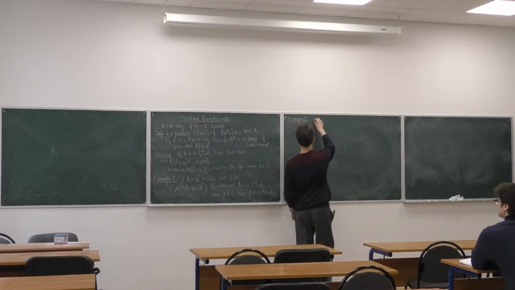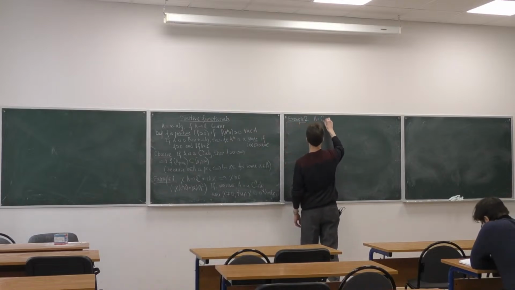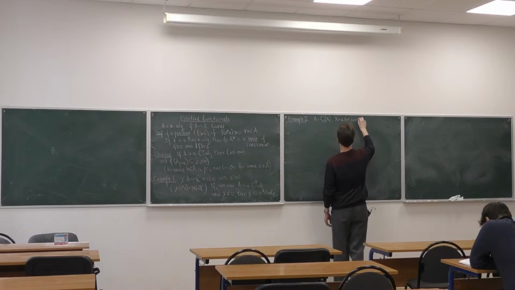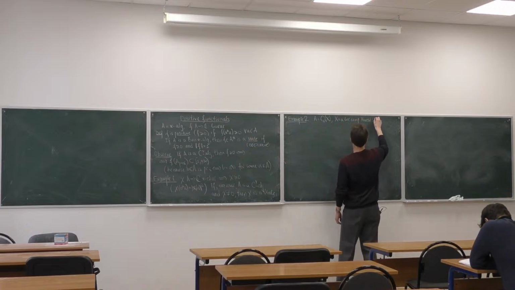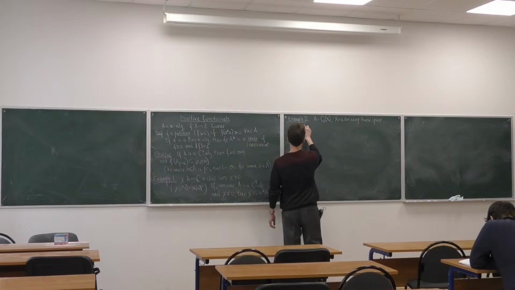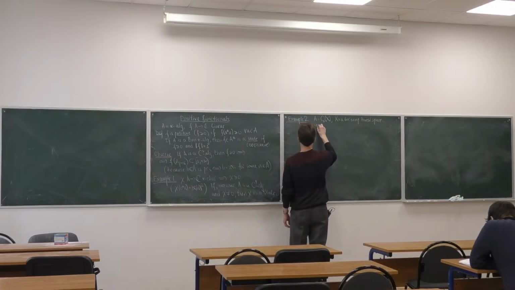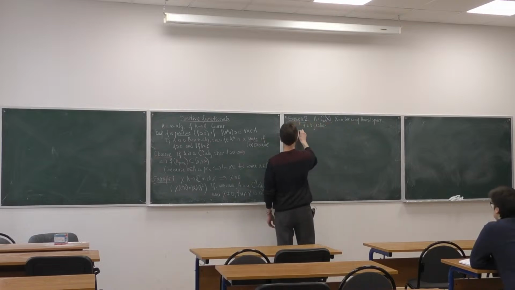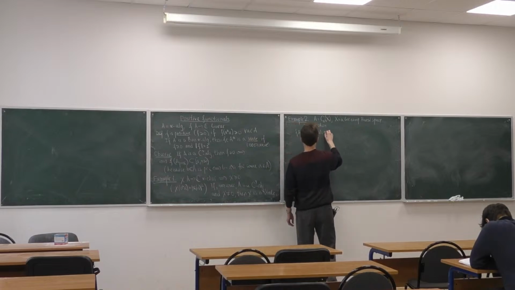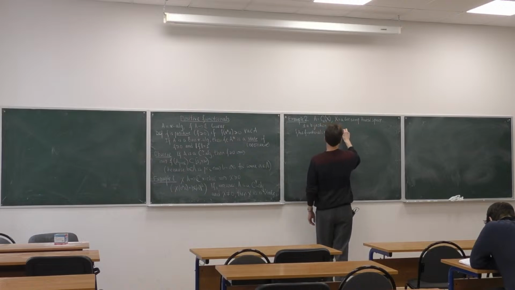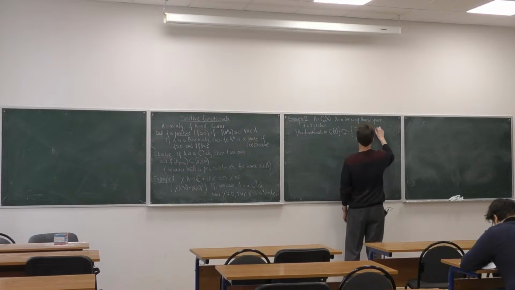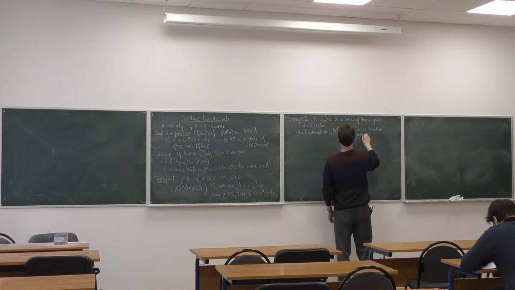That is the algebra C0 of X, the algebra of continuous functions vanishing at infinity on a locally compact Hausdorff topological space X. In this case, there is a one-to-one correspondence, a bijection, between the set of all positive functionals on this algebra and finite positive Radon measures on X.